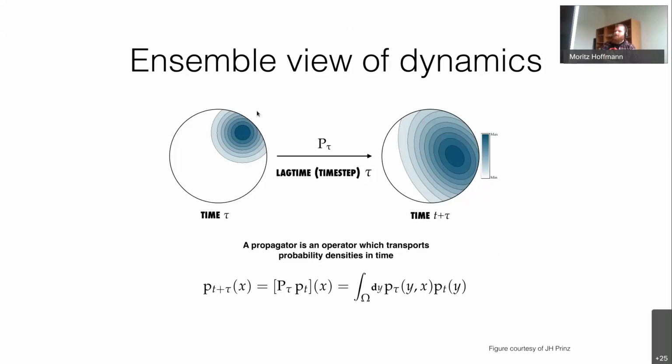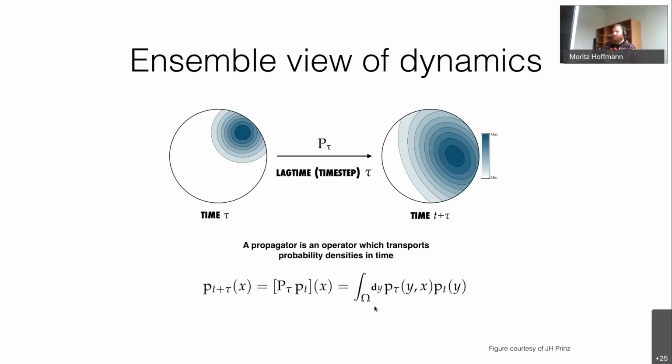So we have a kind of density of states at time t, and then we can look at what happens to them if we propagate them with a propagator according to time tau, and then we can look at what is the ensemble of states then.